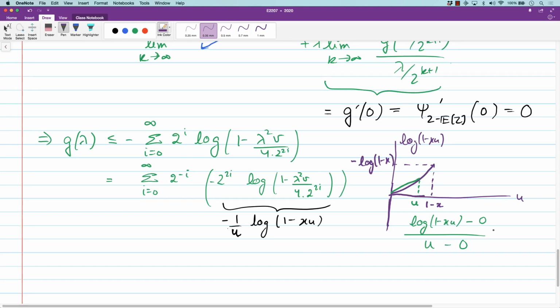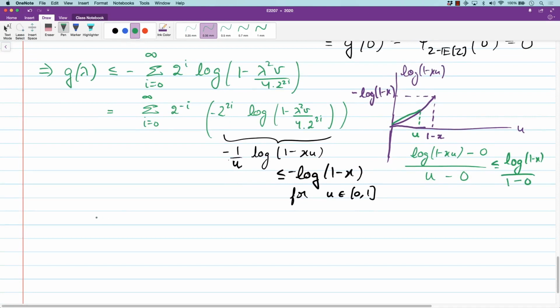So this slope is less than or equal to the slope at u equal to 1. The inequality I have roughly argued is that this is less than or equal to log of 1 minus x for all u between 0 and 1. That's the bound you have for this function.